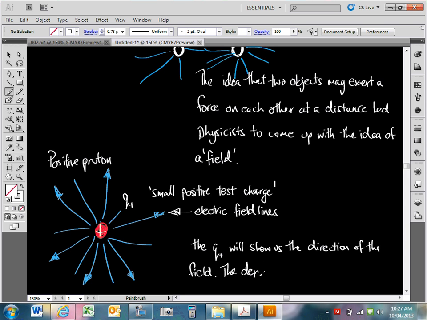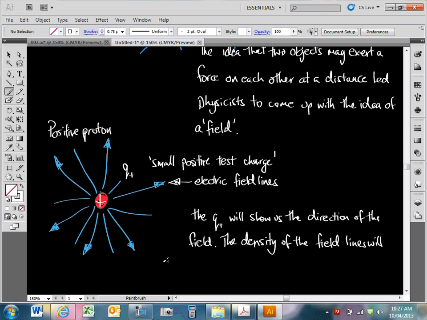The density of the field lines, that's good.